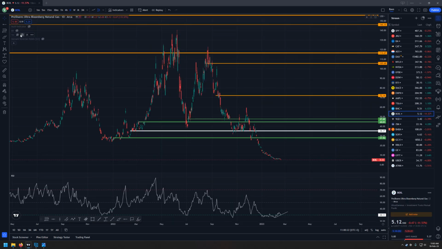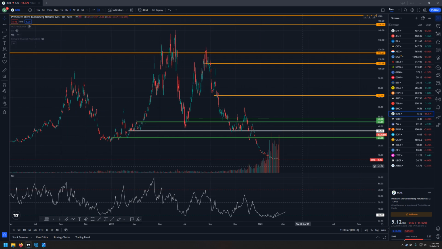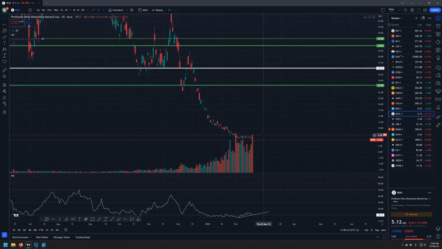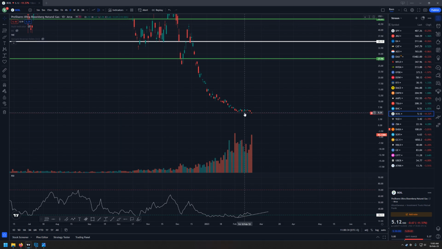Okay, then BOIL. So for BOIL, I wanted to see volume. For volume, this is a marginal new low. We make a new low, but it's marginal. We have a bullish divergence on RSI, and this huge volume push that fails to move price significantly relative to previous lows, like we went lower, but it wasn't that significant, is an exhaustion move.